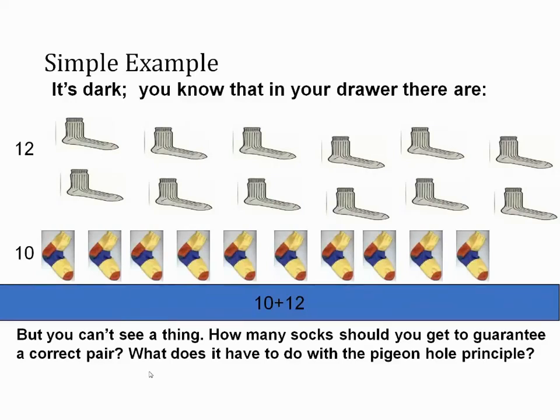So here are the drawers in which you have socks. How many socks should you get to guarantee a correct pair? So you are supposed to get 3 socks, then only you can get it. So one hole per color.